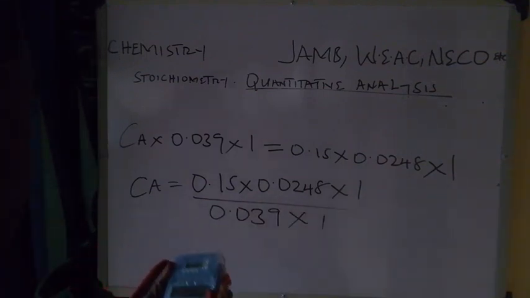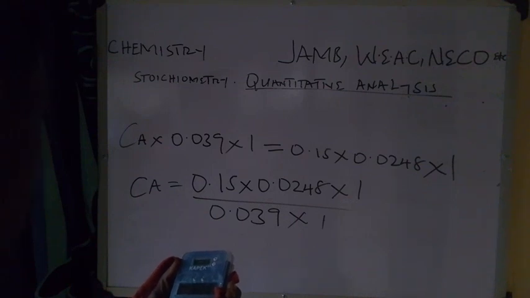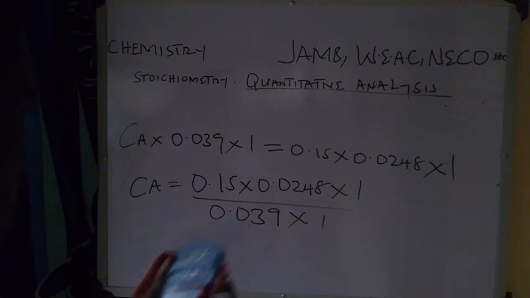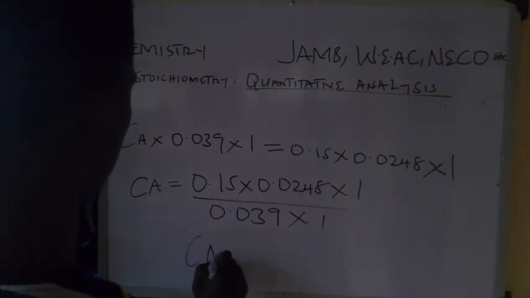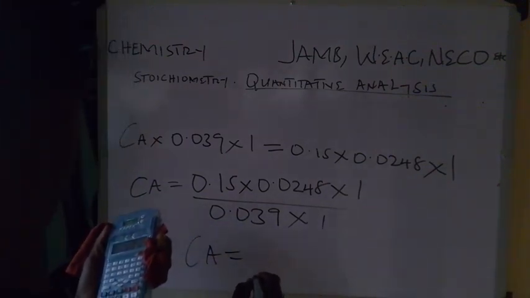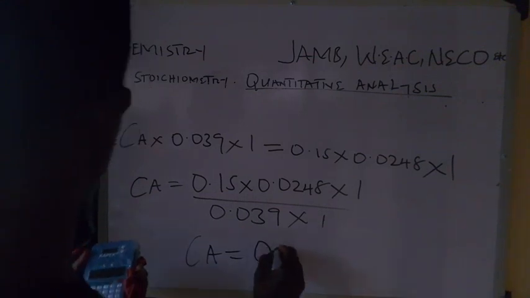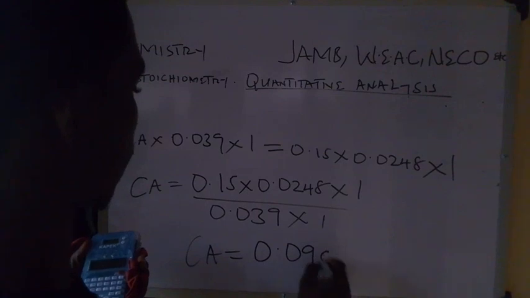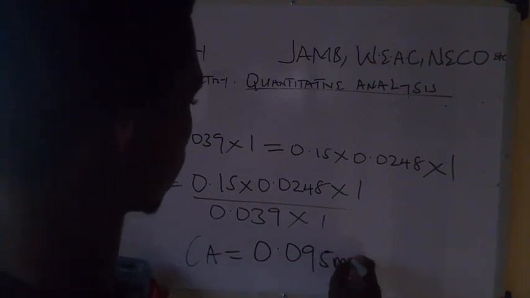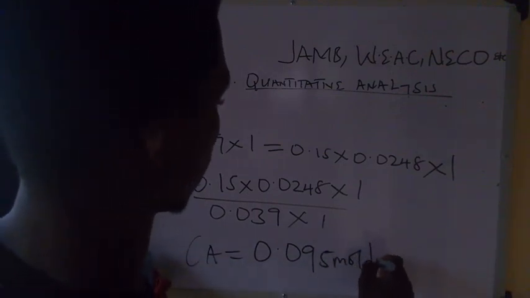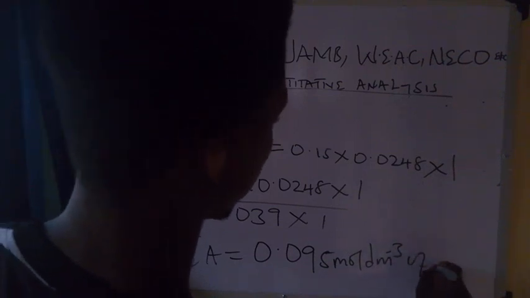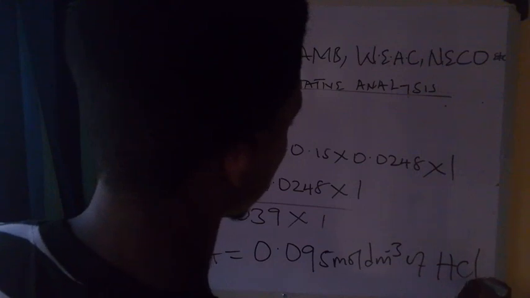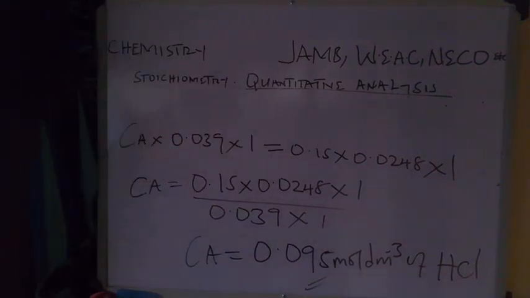Then divide by 0.039. So CA is equal to 0.095 mol per dm³ of HCl. So that's the answer.